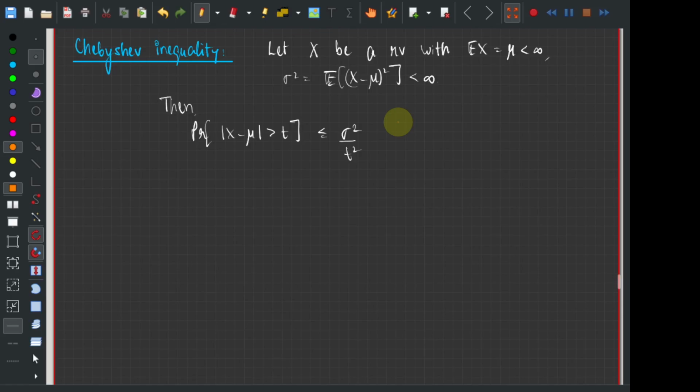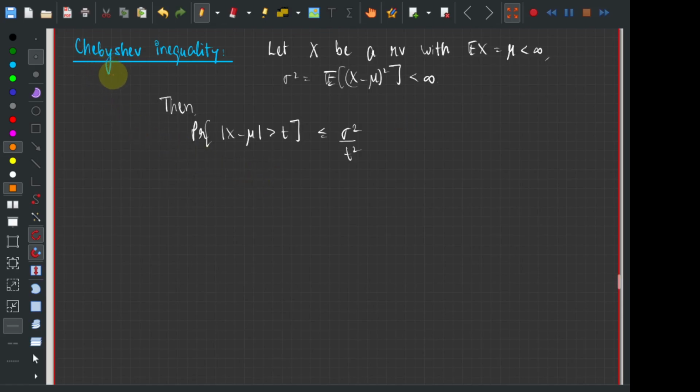I want to know the probability that you deviate from the mean by a certain amount. In the example of n coin tosses, I have x as the fraction of heads, and we know from experience that if you toss a coin multiple times, the fraction of heads is roughly close to a half. Correct?